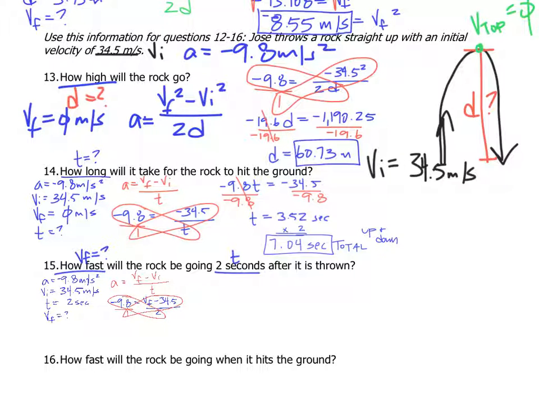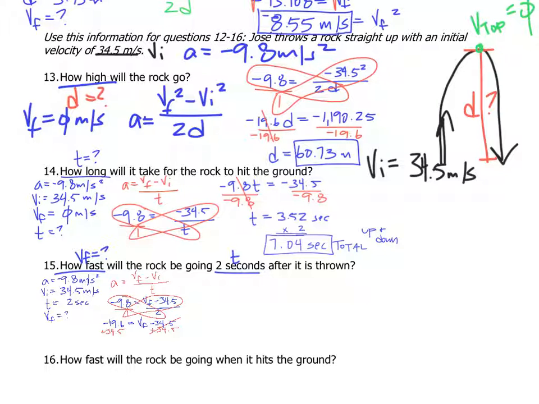So that I get negative 9.8 times 2 gives me negative 19.6 equals, and 1 times VF minus 34.5 is just VF minus 34.5. So VF has a minus 34.5 out there. The opposite of subtract 34.5 is to add 34.5 to both sides.